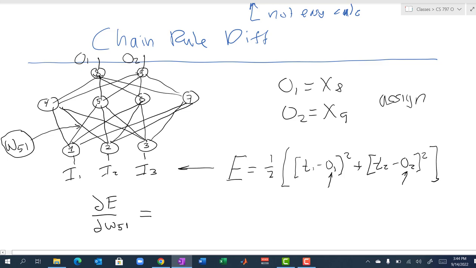So the derivative here is we're going to have 1/2, and we have the product rule, so we're going to have T1 minus O1, and then the derivative of what's inside, negative sign we've got to keep there, and that's multiplied by 2 because of the square, and then same thing here.